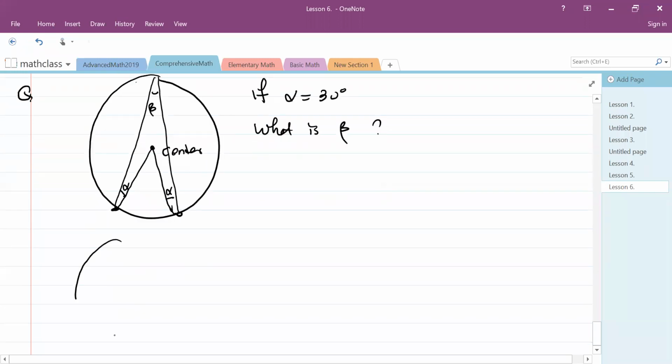A circle inside, and this is beta. Actually, you can determine this angle. It's the interior angle. And this is a 30 degree alpha, right? Let's put alpha here.